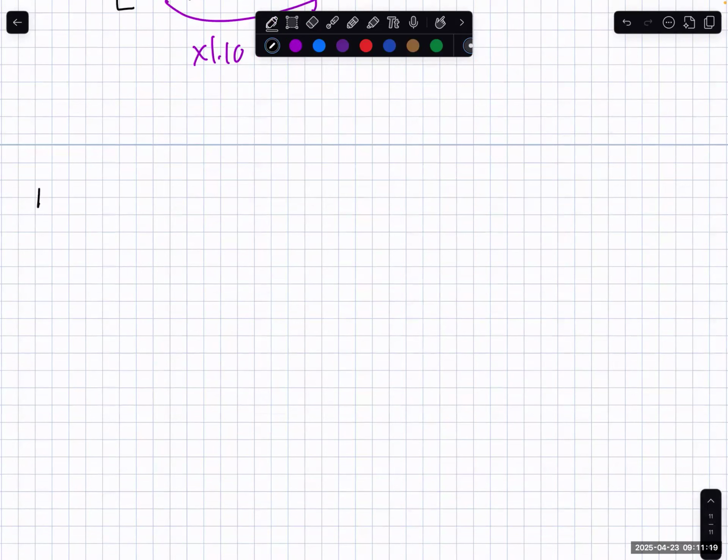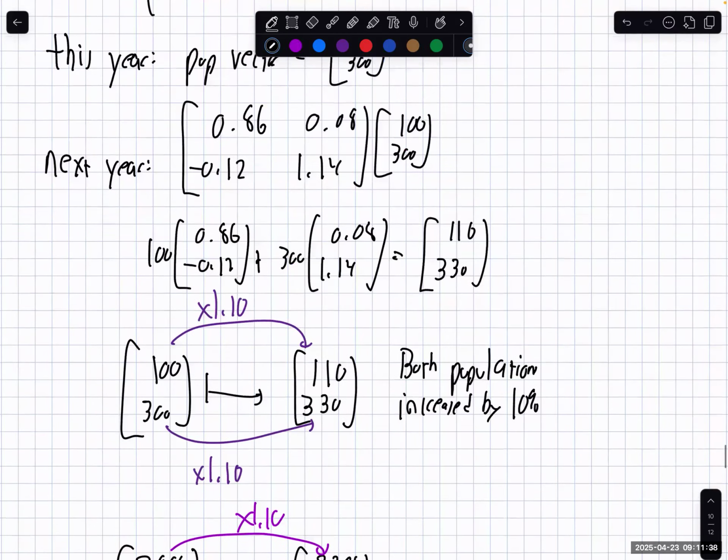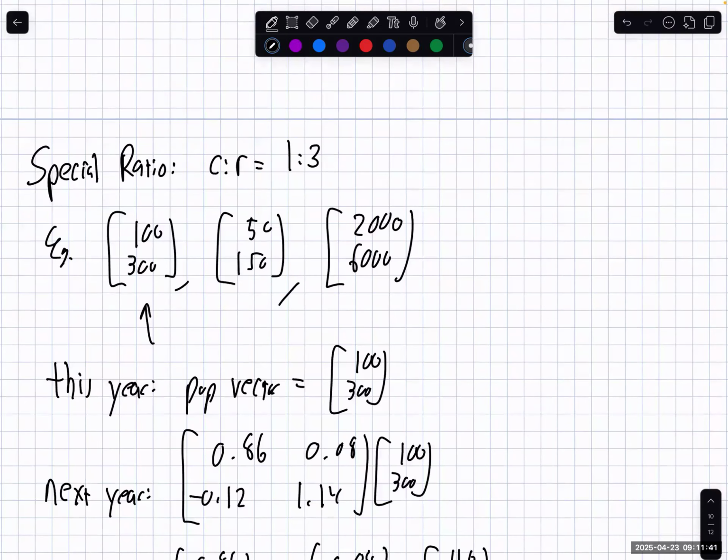And there's another special ratio. That's when the coyote to roadrunner ratio is 2:1. Before, this seemed reasonable: there's a lot more roadrunners than coyotes, so there's a lot of roadrunners around to make more roadrunners. They would be increasing at 14% if the coyotes weren't there, but they still get an increase of 10%.